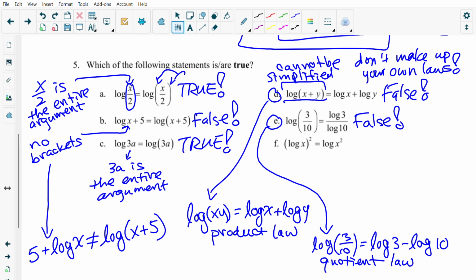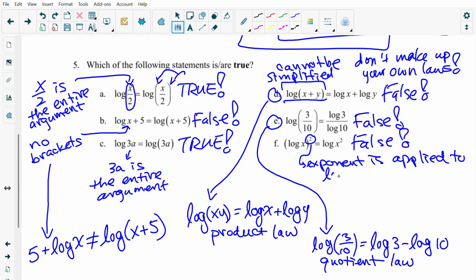Letter F, log of x in brackets squared equals log of x squared. No, this is false. Be careful, okay? I'll make a note here. Exponent is applied to log of x, not just the x, okay?